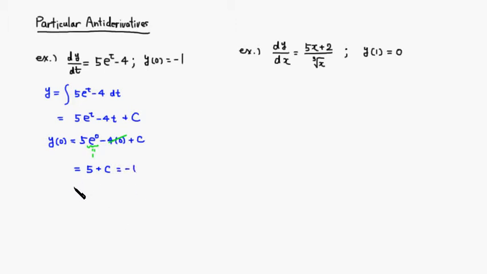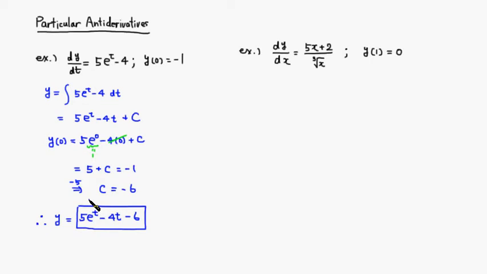Then we can simply subtract 5 from both sides to isolate c, which is going to be negative 6. So now we found out that c is negative 6, so therefore we have a complete formula for y. So y is equal to 5 e to the t minus 4t minus 6. So that's the c value.